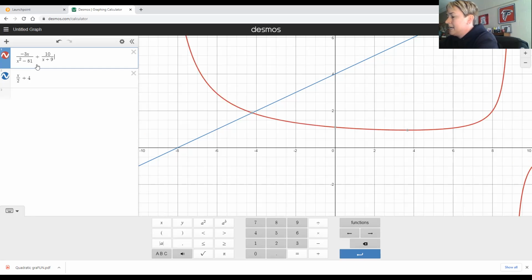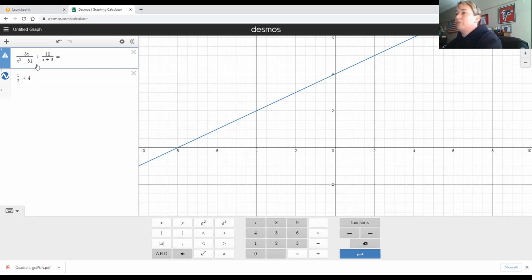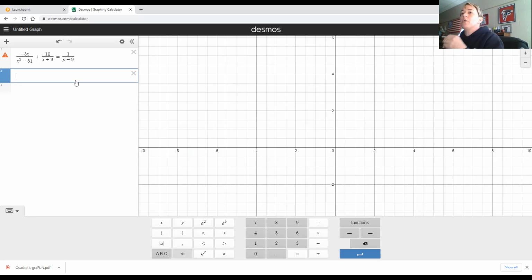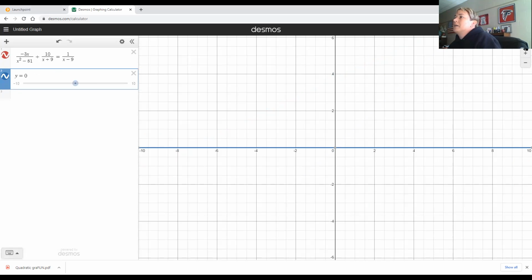And then it says equals 1 over p minus 9. And then remember the second one, so you can get those points on your equation. Whoops, I put p and I meant to put x. Sorry, y'all. Okay, so then on the next one, for you to get your point, if we always just say y equals 0, we should be able to see it.